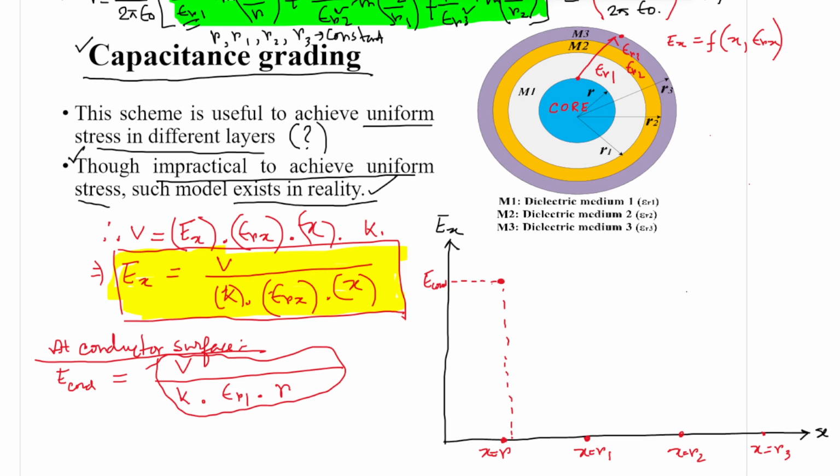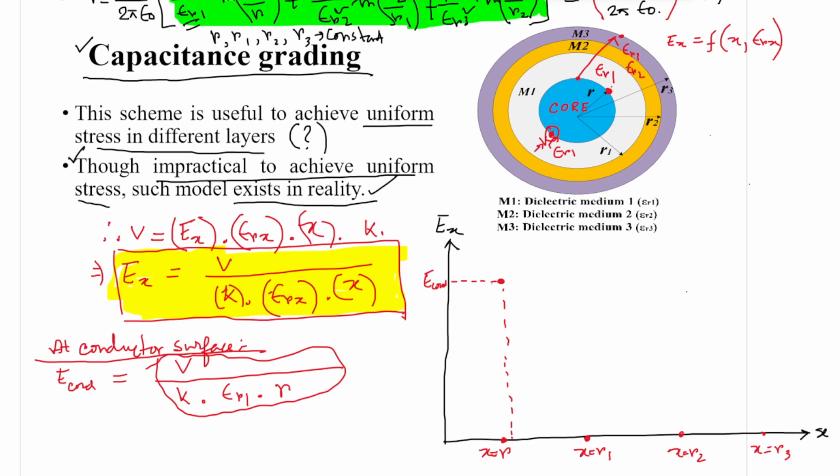Now why should I have written epsilon R1? The reason is that we are measuring the electric stress on the conductor surface itself, at this point. At this point we are under the influence of dielectric medium 1, and the voltage difference is V1.